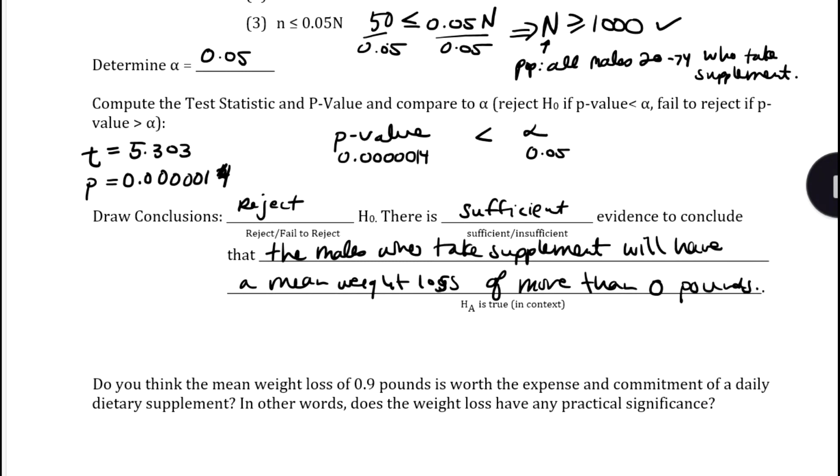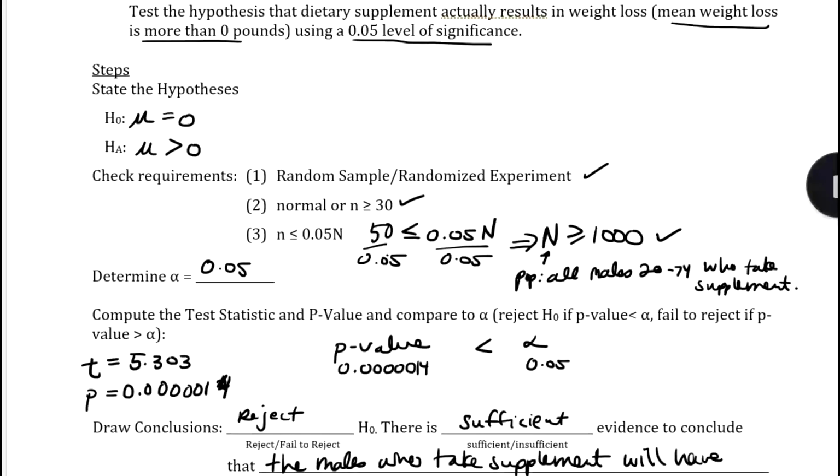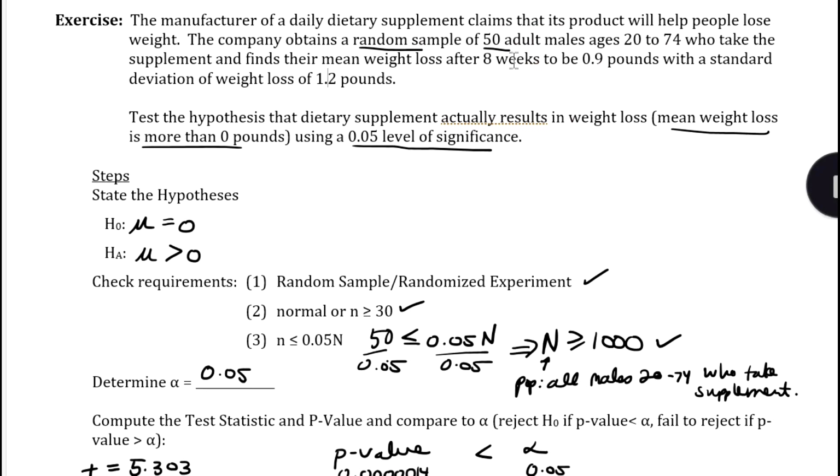So it says, do you think that the mean weight loss of 0.9 pounds is worth the expense and commitment of a daily dietary supplement? In other words, does the weight loss have any practical significance? When you think about it, this mean weight loss over 8 weeks was nearly a pound. It wasn't quite a pound.